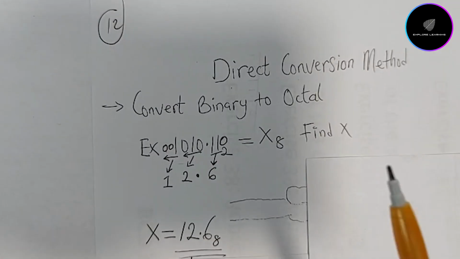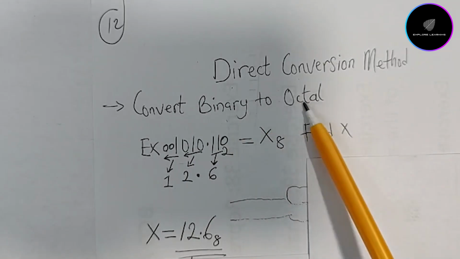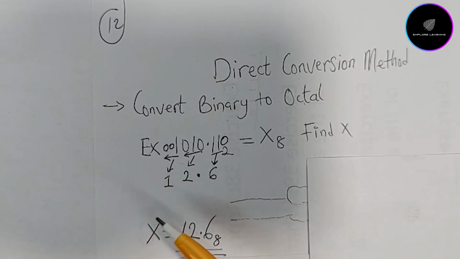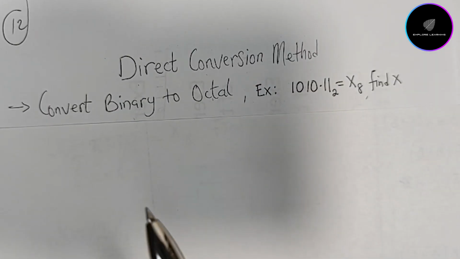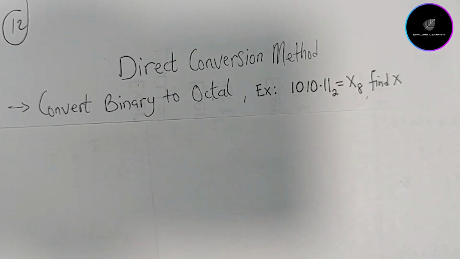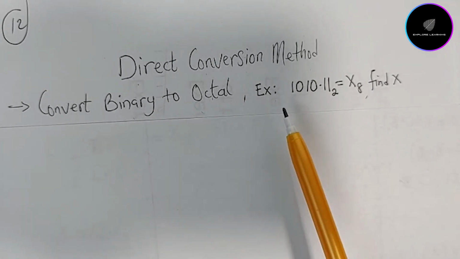Alright, so let's consider a scenario where we need to convert binary to octal number system. Now let's consider an example where we have to convert binary to octal number system.